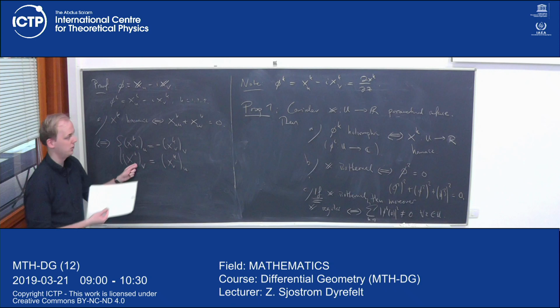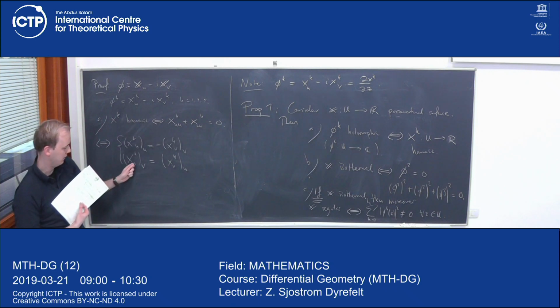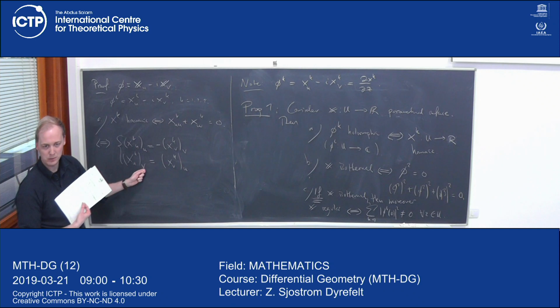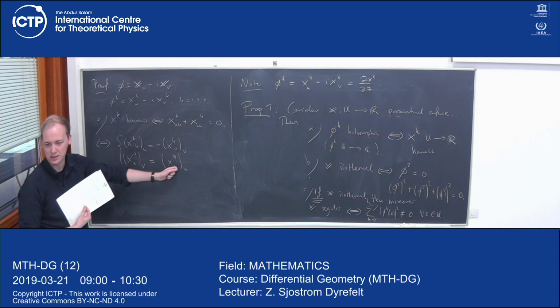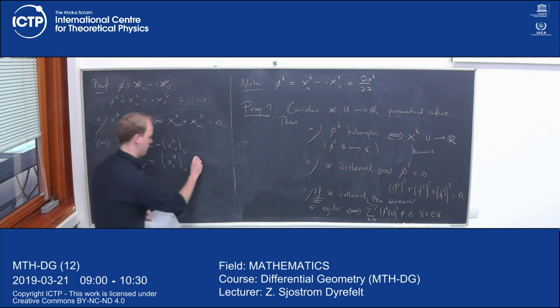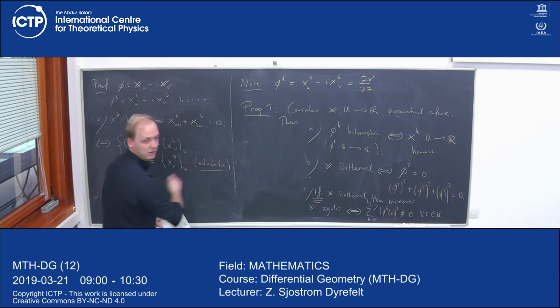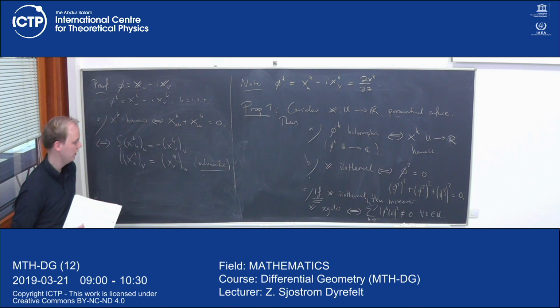And this thing here does not come from this one, but it just says that if you differentiate with respect to u and then with respect to v, it's the same as differentiating with respect to v and then to u. So this is automatic, okay? This is a well-known calculus fact.